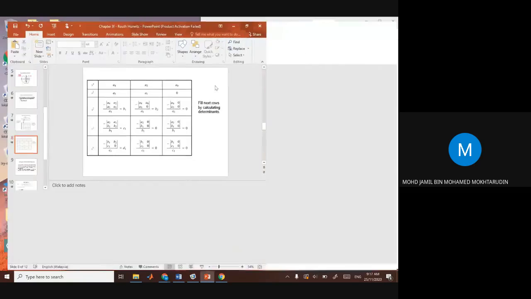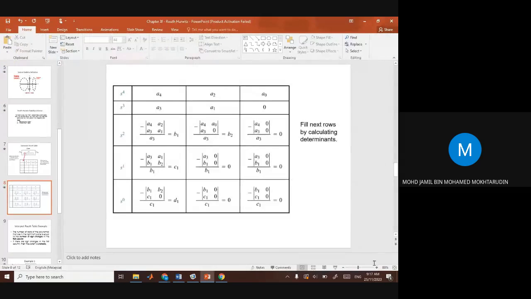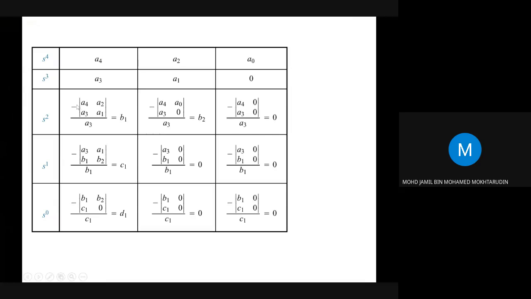Okay, tak ada. Alright. After that, you need to fill in the next rows, okay? So, for example, row S2, what you are going to do is you need to calculate this determinant. So, this determinant, basically you need to look at row here, A4, A3, A2, A1, find the determinant, put negative, divided by A3 here.